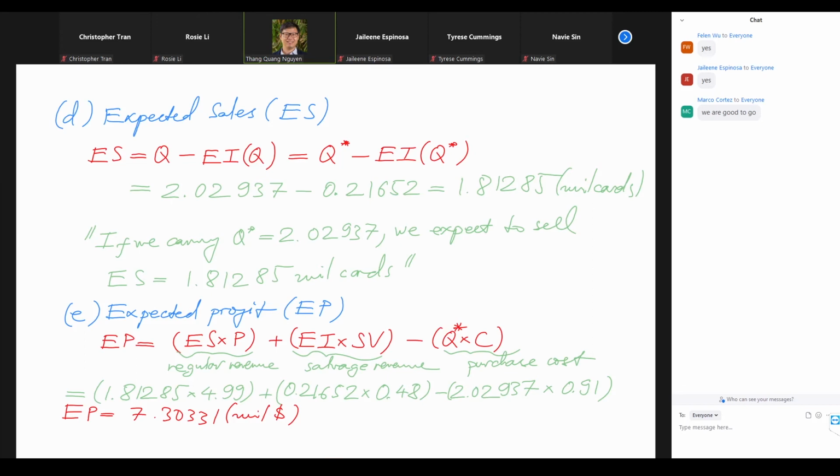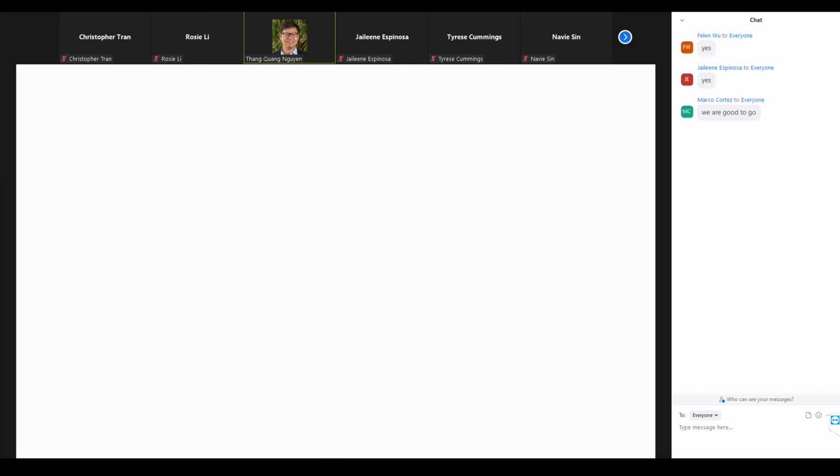All right, so that's A, B, C, D, E, and now there are two smaller parts at the end. In part F, we need to find the in-stock probability. Okay, so the in-stock probability conceptually equals the probability that demand falls below the quantity that we carry, right?